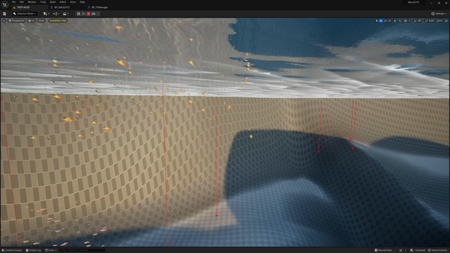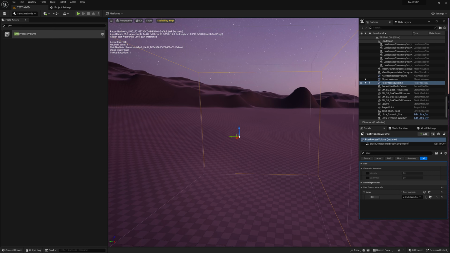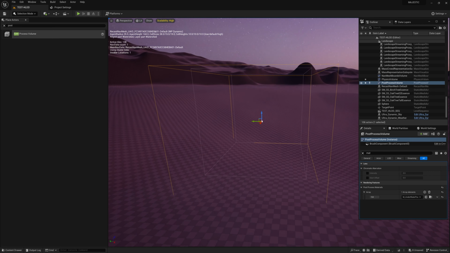To accommodate all the different water bodies, I basically got rid of physics volumes and post-process volumes for water, which is what you would typically rely on. And instead, I'm relying on line traces, which the character's already doing for the flying system. So I kind of took the line trace, and I'm now detecting if there's water underneath the character.